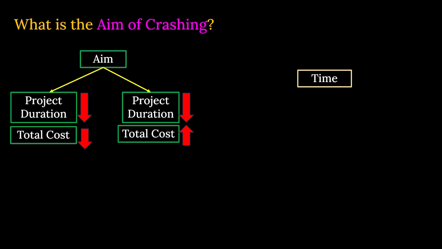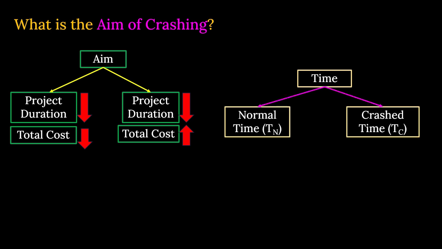What is the relationship between the time? Here, two types of time we can see. One is the normal time, which is represented by Tn, and another is the crash time. If we take the example of the earlier project network, it was taking 11 days, and we have crashed one day on the critical path.